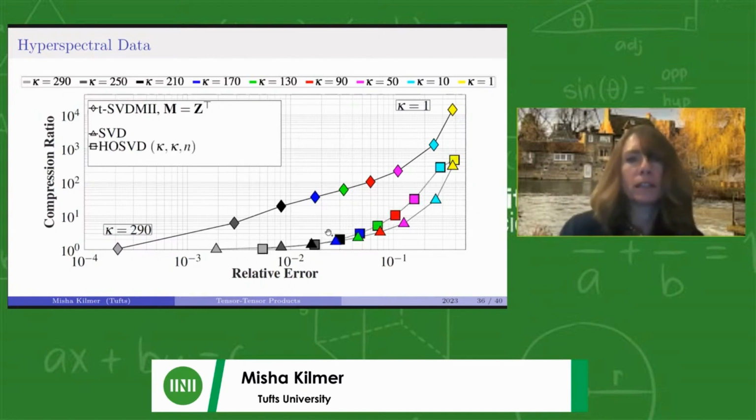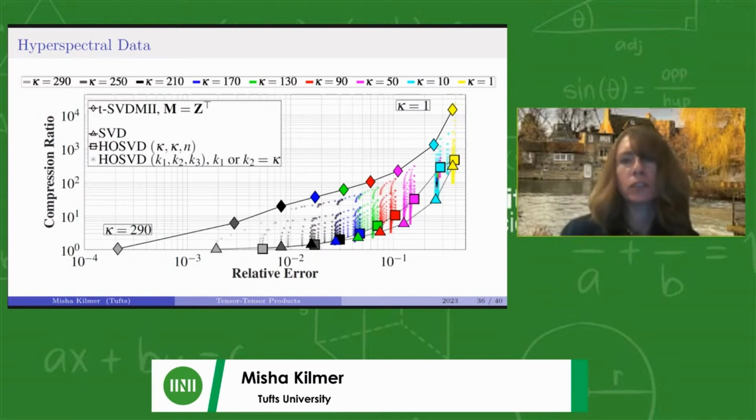We can change around some parameters. The reviewers of the paper asked us to do a whole bunch of different experiments. And in every case, we could basically show that our method leaves us on this top curve and is far more compressible than the higher order SVD.